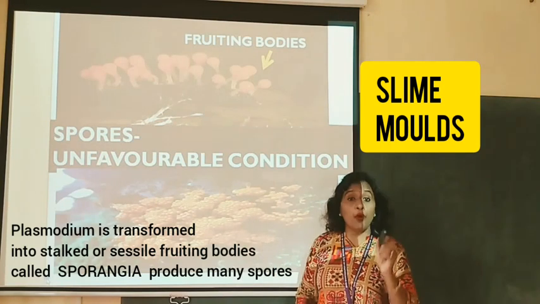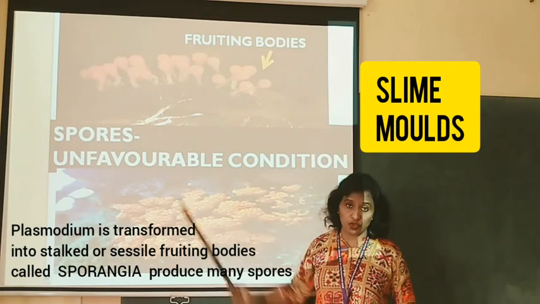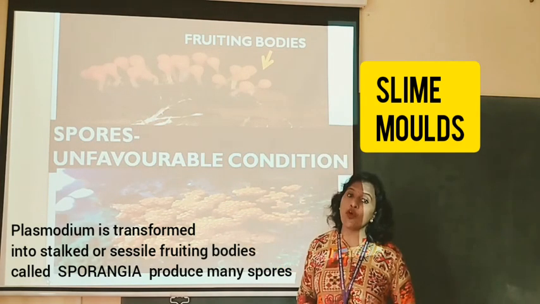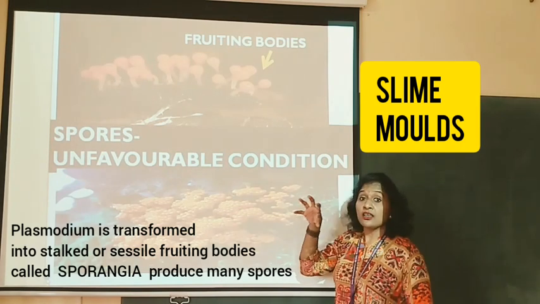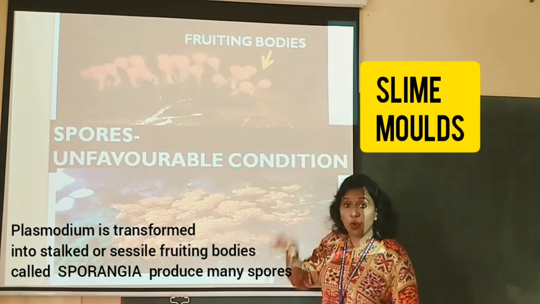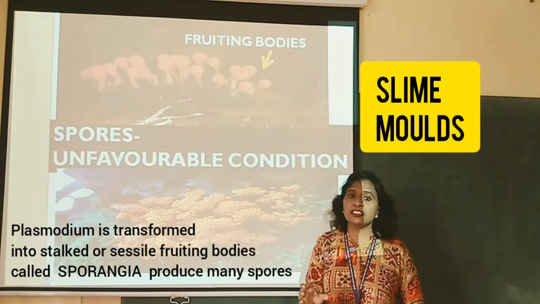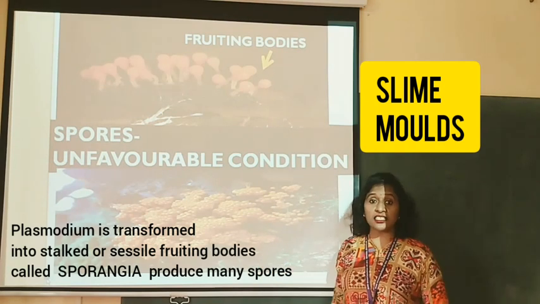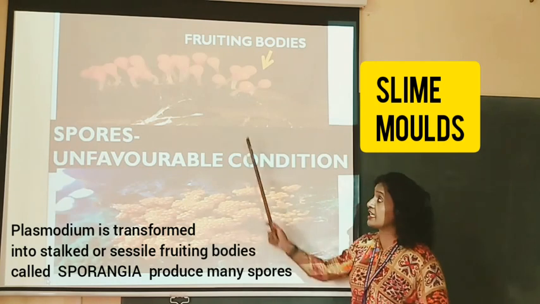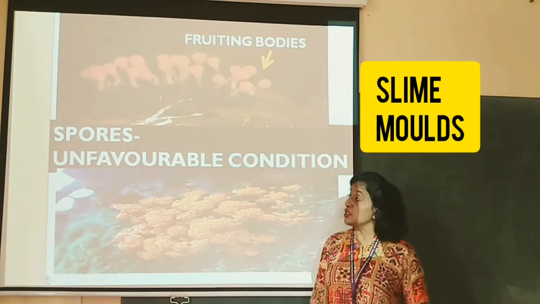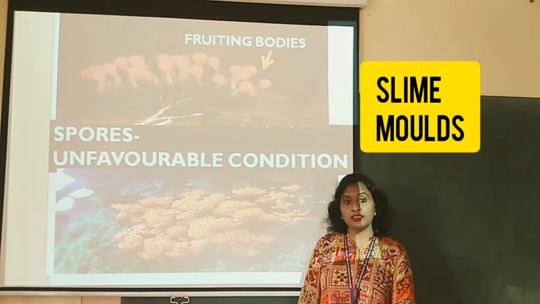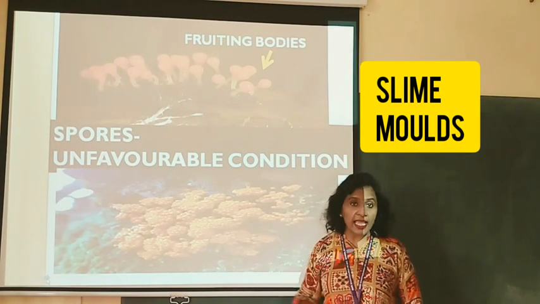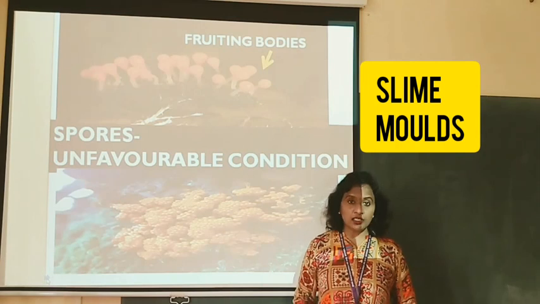Each fruiting body will have spores on it, and they will have a true wall, and these spores will be resistant to any adverse condition. That is the reason they can survive for many years. During favorable conditions, these spores will be transferred through air currents and they will start growing.